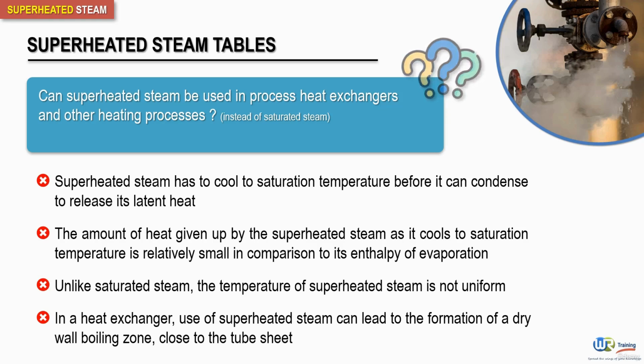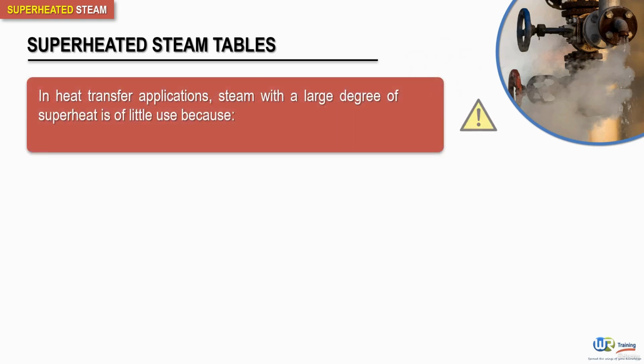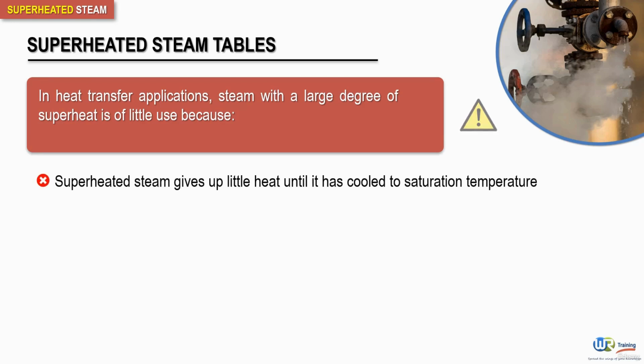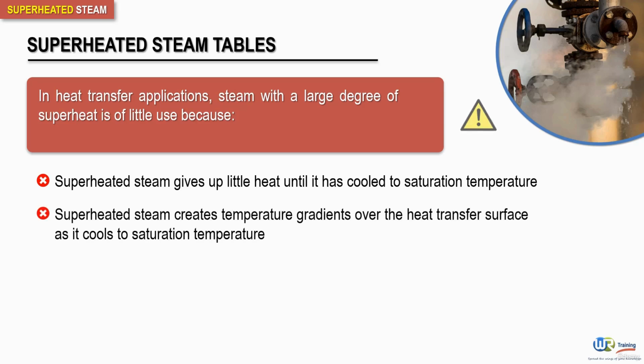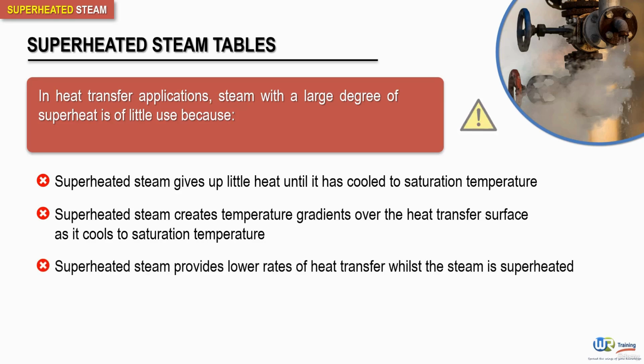So, to sum up, this clearly shows that in heat transfer applications, steam with a large degree of superheat is of little use, because it gives up little heat until it has cooled to saturation temperature. It creates temperature gradients over the heat transfer surface as it cools to saturation temperature, and also provides lower rates of heat transfer when the steam is superheated.